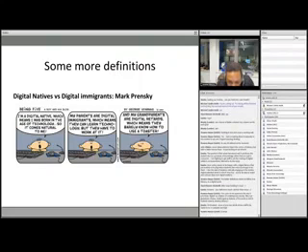I'm just having a look at a few of the... Yes. So Mark Prensky's initial idea around digital natives and digital immigrants, I think, was slightly problematic.